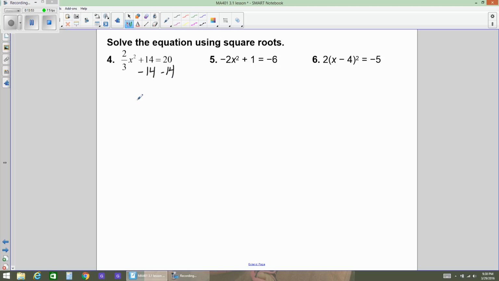From both sides, and you get 2/3 x squared equals 6. Get rid of the 2/3 by multiplying by 3/2. Remember that's a 6/1.